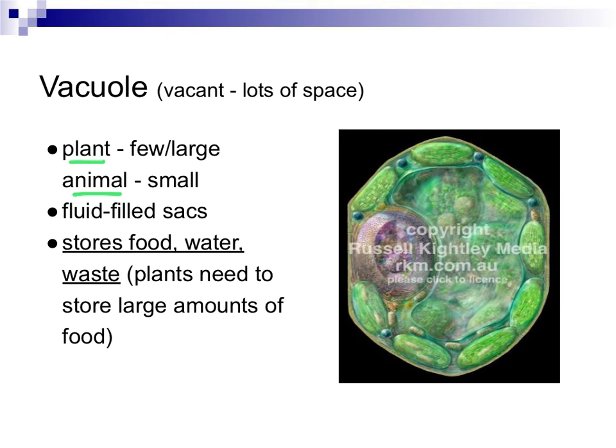They're fluid filled, and they can store food, they can store water, they can store waste. And the reason that a plant has especially large vacuoles is because they often store large amounts of food. And that's something they could store in the roots, for example, or like if you've ever eaten a potato, each of those cells has a vacuole that contains lots of starch because that's how those plants store their energy.